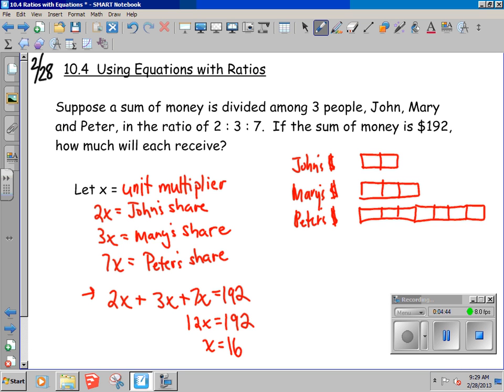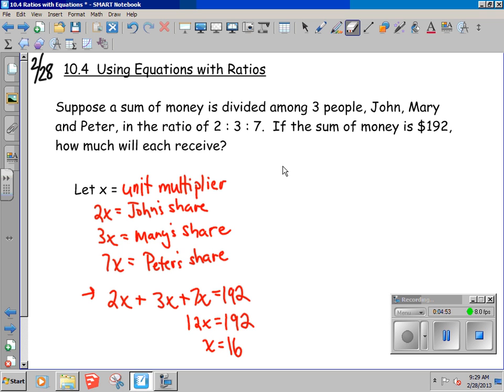That means each unit is worth 16. So then we come back up here to our let statements, and we evaluate them knowing that x is 16. John's share would be 2 times 16, Mary's share would be 3 times 16, and Peter's share would be 7 times 16.